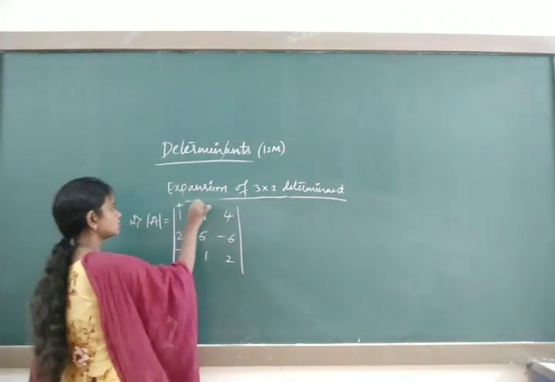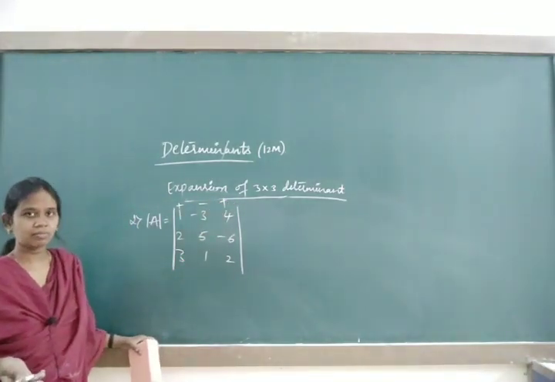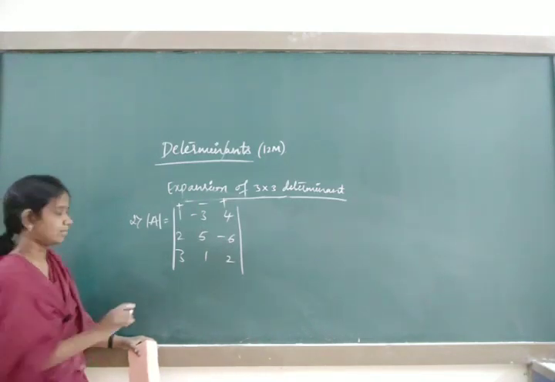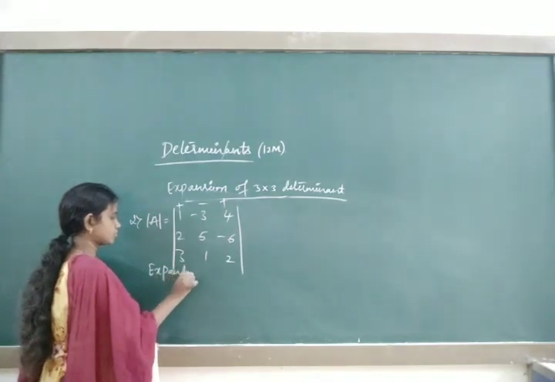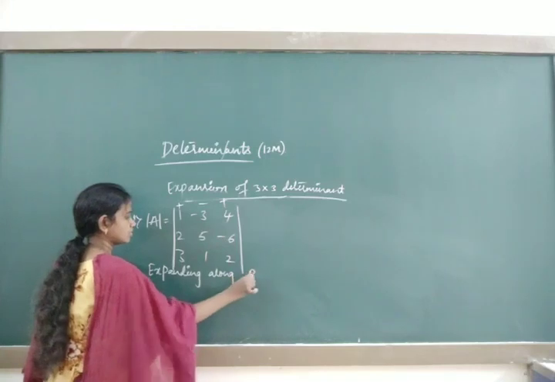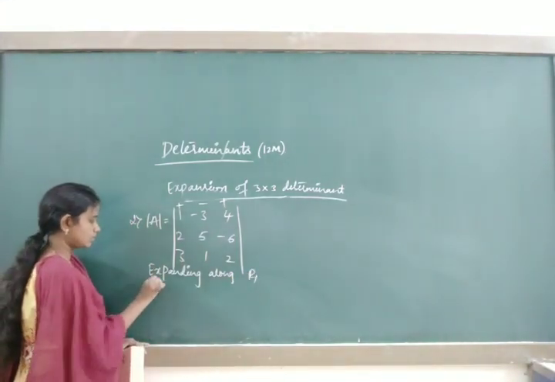Now you take plus minus plus. Remember the sign of expansion of determinant of 3 cross 3, plus minus plus for expanding along R1. Expanding along R1, so this is plus 1.